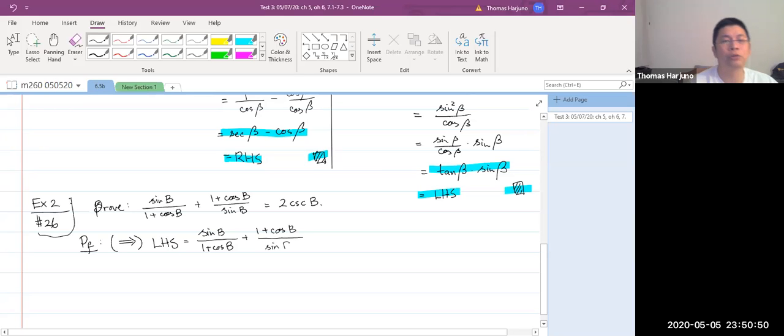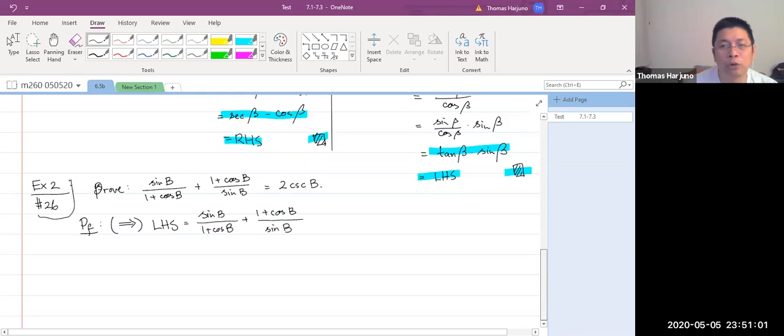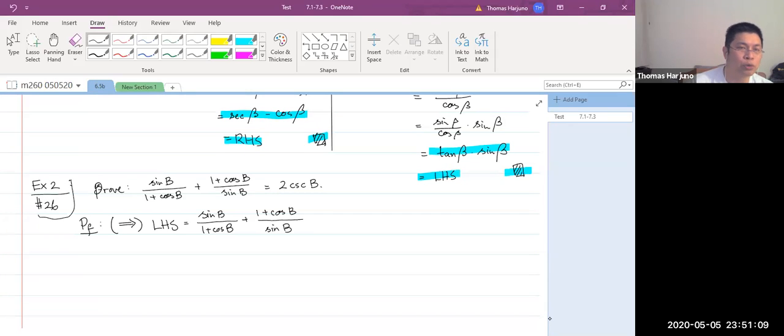Now, I will show you two different methods to prove this. Both of them start from the left-hand side. The reason I show you more than one method is that the main purpose of proving is not only that you know how to use the formulas that you have, you also see the relationship between those formulas.